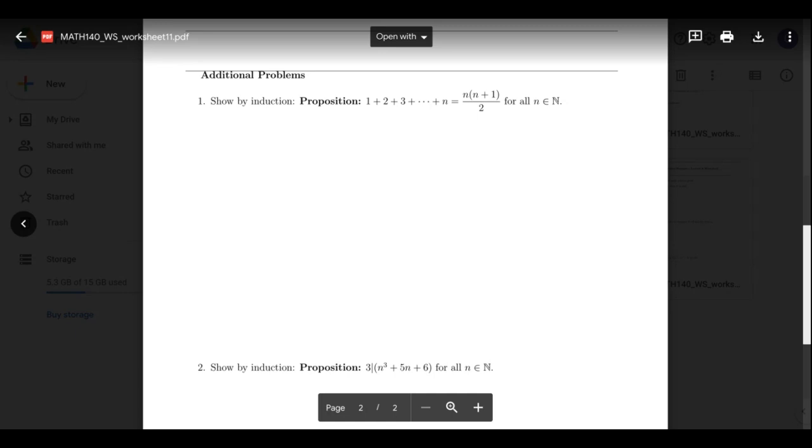Then you want to use this assumption to prove for n plus 1. To prove for n plus 1 is some algebra.